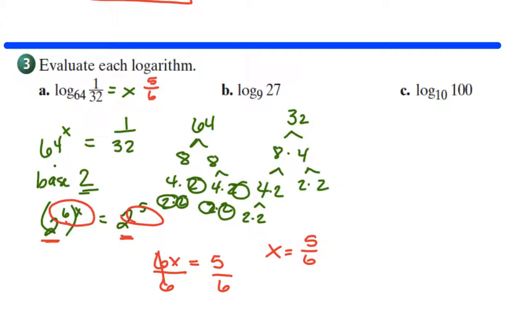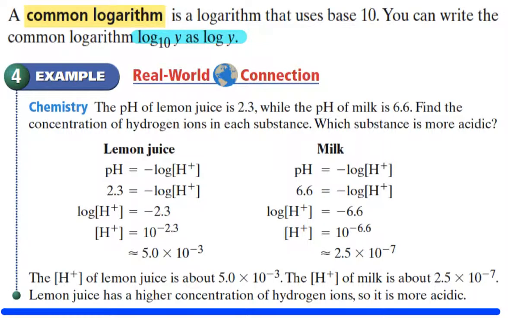Let's go ahead and look at example 4 so we can move on. A common logarithm is a logarithm that uses base 10. If there is not a base listed, then it is implied that it is base 10, just like if there is not an exponent written on a variable or a base, it is assumed that the exponent would be 1.